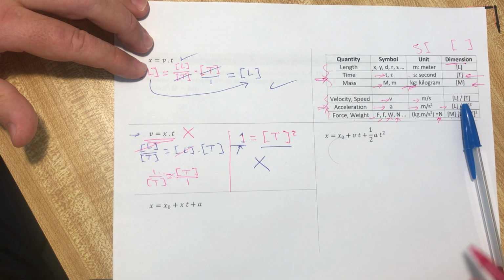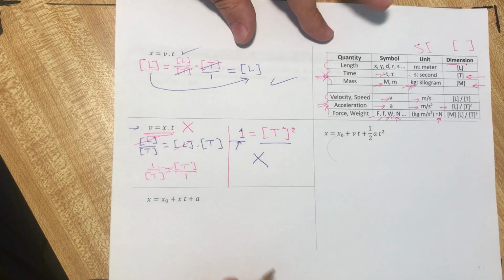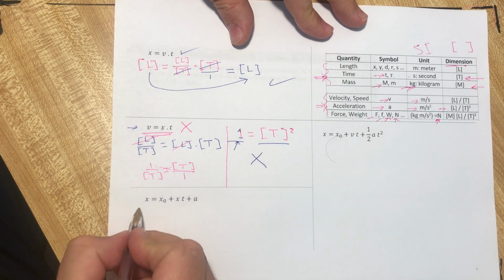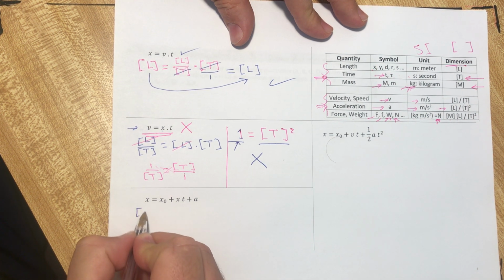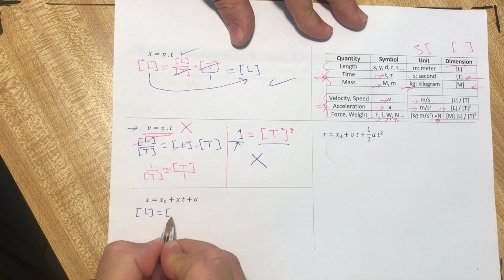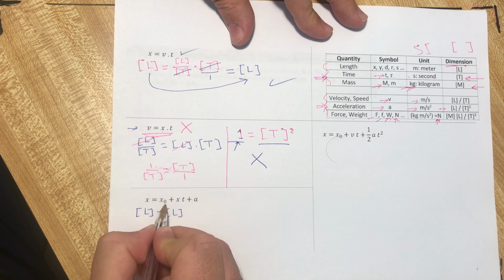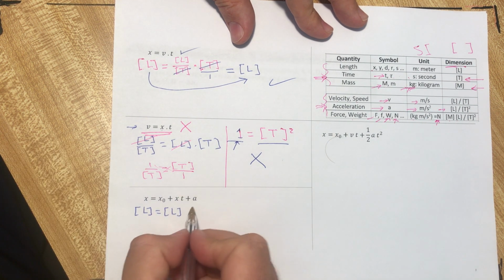Okay, let me see now the third equation. x here is length, x naught is also length. I can put a subscript for any of these symbols. It will not change anything, it's just a name.